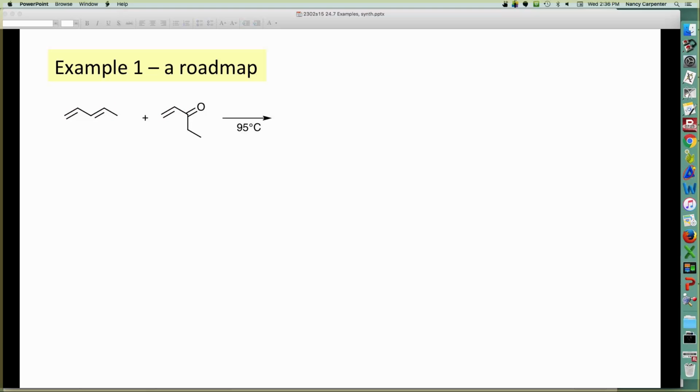All right, do yourself a favor, redraw your diene. Note that this is an E-alkene, so make sure you keep it an E-alkene.